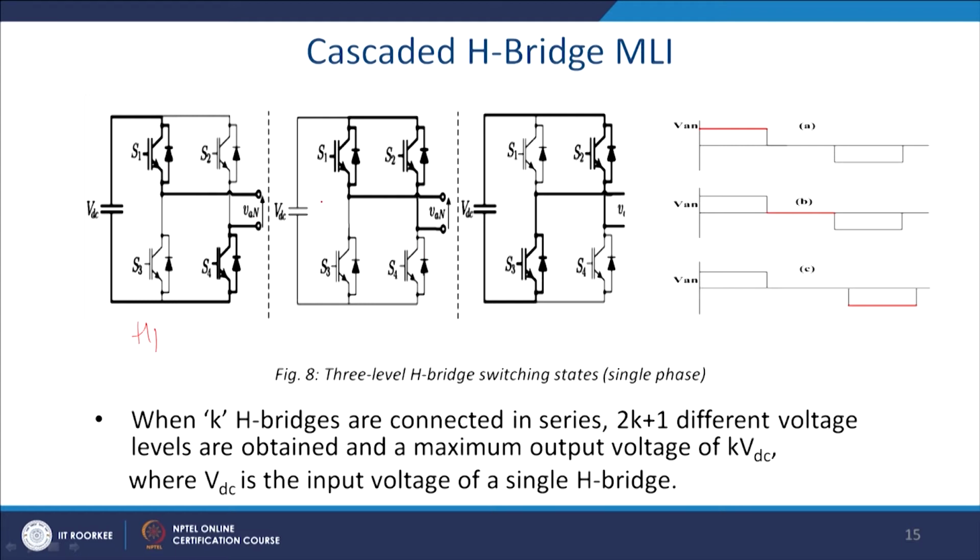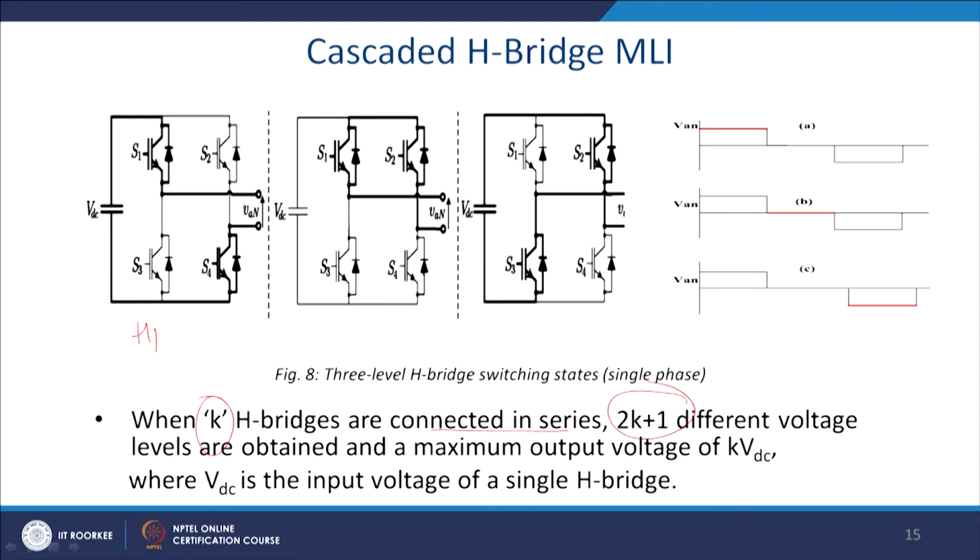You can switch on this too, and ultimately you get the 0 voltage, and then you can switch on this, you get a negative voltage, where K is the number of connected bridges, and you will generate K plus 1 levels.